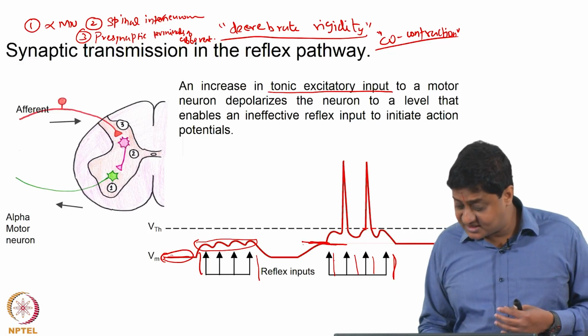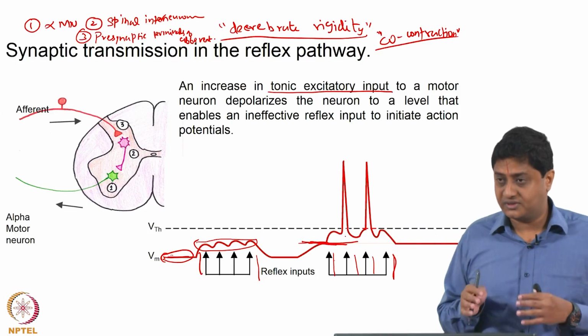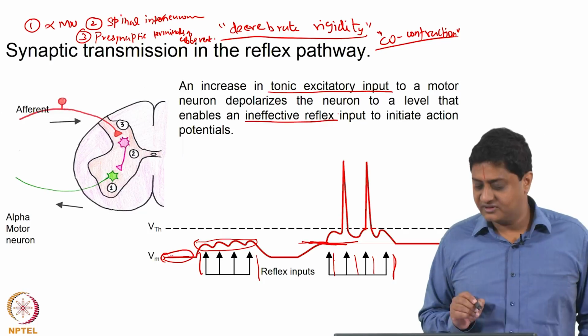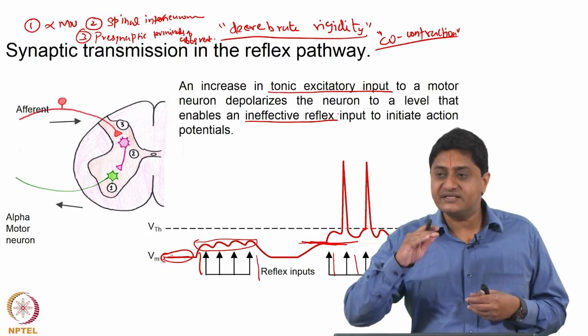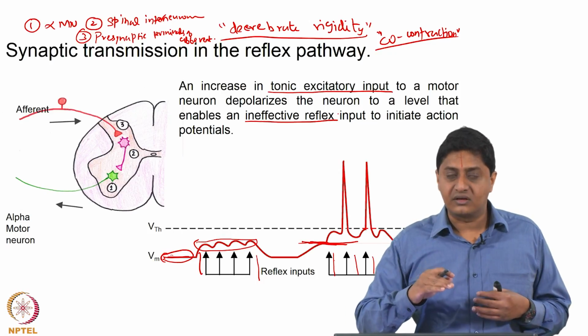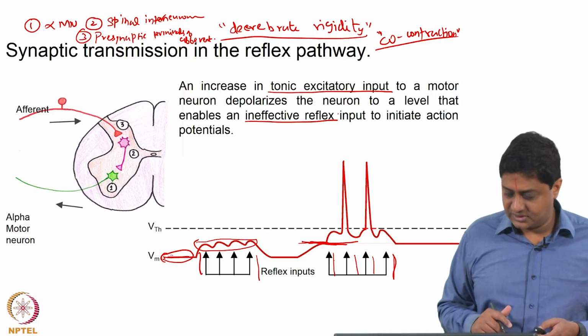So, this is something that the higher centers can control. If the reflex response is ineffective, then we can make it effective by changing the excitatory tone that is already present in the system. So, that is one.